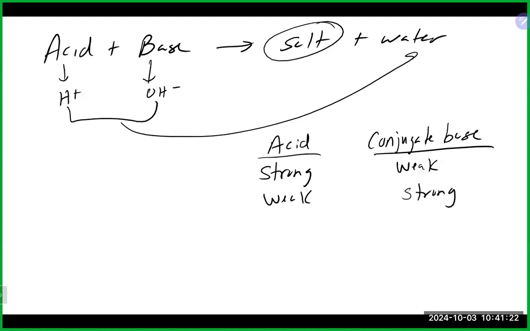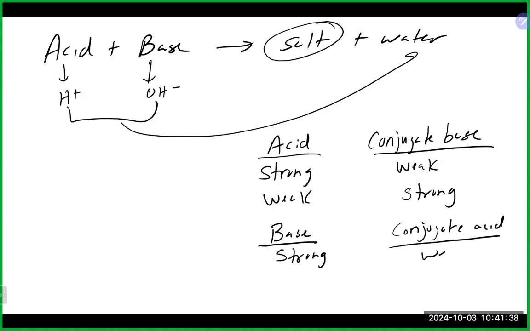We have the same arrangement here with our bases. If we have a strong base, its partner, which is the conjugate acid, is going to be relatively weak. And if we have a weak base, its conjugate partner will be relatively strong.